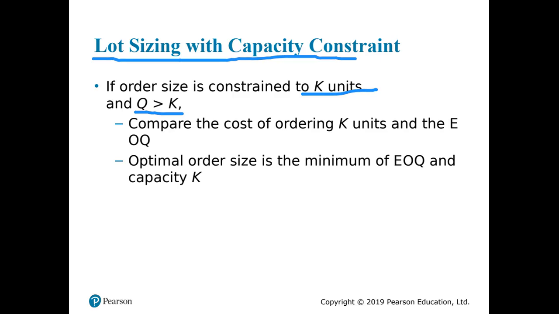You'll have to look into the optimal order size as the minimum of the economic order quantity and the capacity K. We have to use common sense for this. If P is just slightly larger than demand, inventory builds slowly, so there are high holding cost corrections. But if P is much larger than demand, we need to adjust our production, otherwise we'll have a huge surplus of inventory.